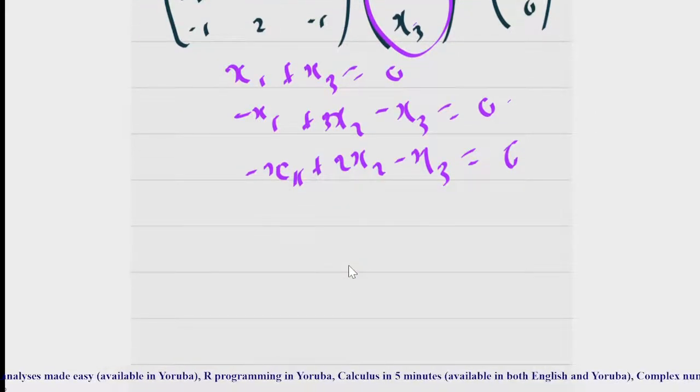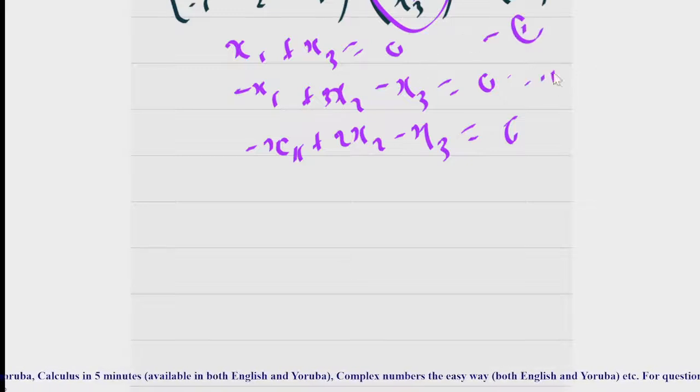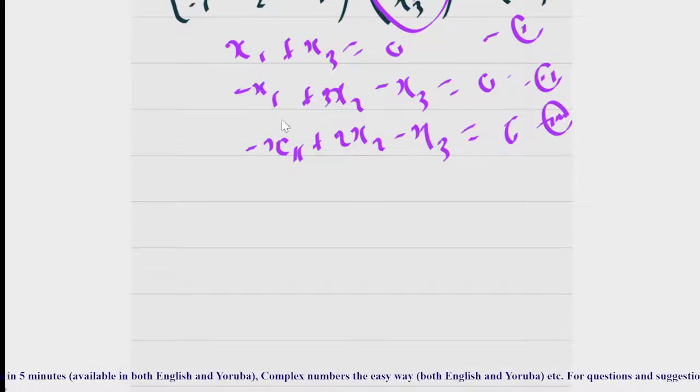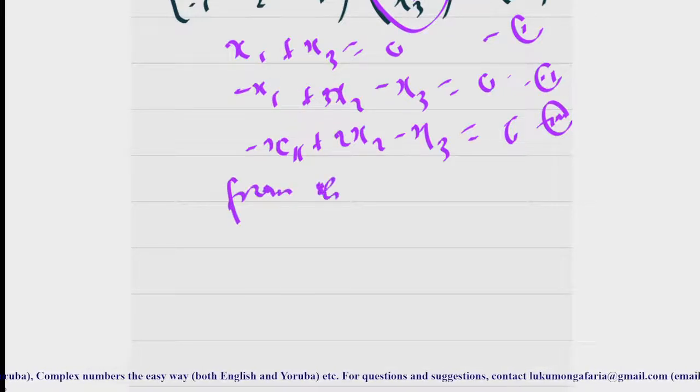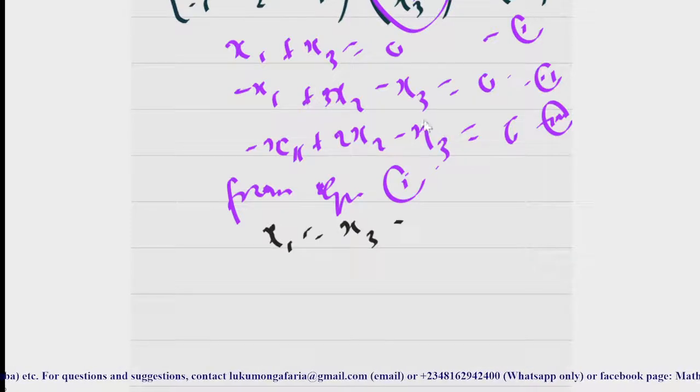So how do you solve this? It is very simple to solve. Let's say this is equation 1, equation 2, equation 3. From equation 1, I can have that my x1 is equal to minus x3, if I'm not mistaken.